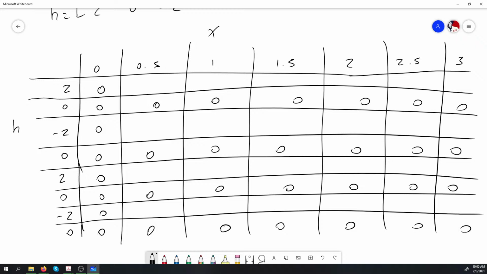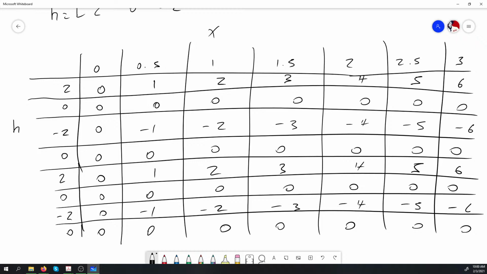So 2 times half will give us 1, 2, 3, 4, 5, and 6. Then minus 1, minus 2, minus 3, minus 4, minus 5, and minus 6. Similarly, because values just keep on repeating, 3, 4, 5, 6, minus 1, minus 2, minus 3, minus 4, minus 5, minus 6.